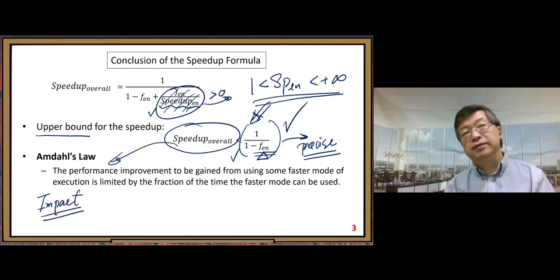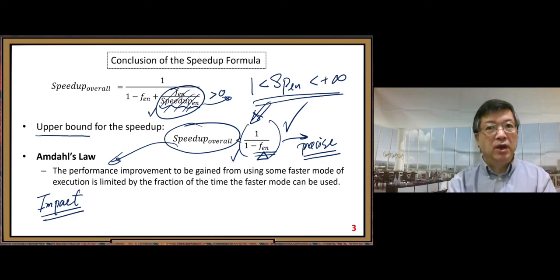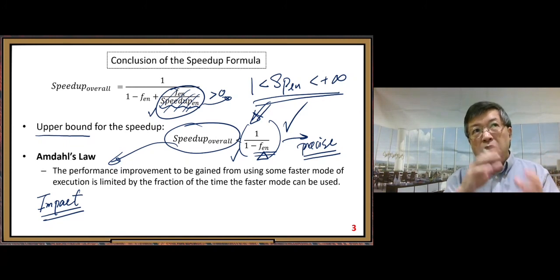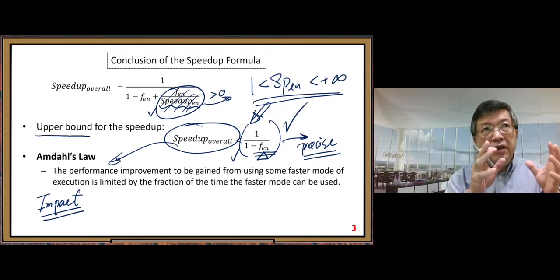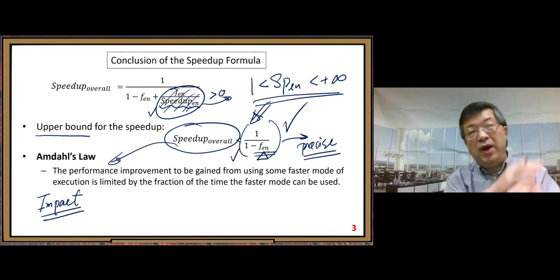Let me describe why the impact is huge. Because before Amdahl's law was discovered, when people designed a computer system, they didn't spend their resources in the right way.